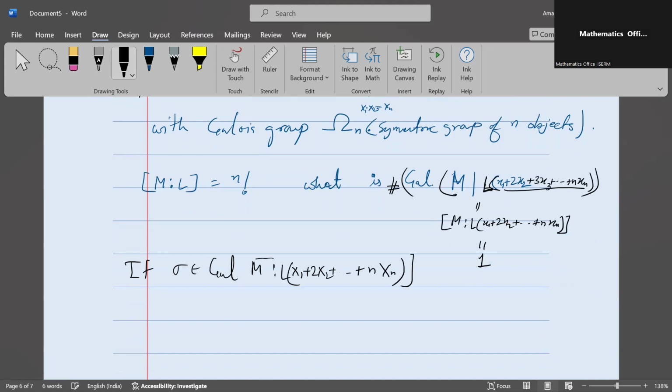this means sigma fixes x1 plus 2x2 plus and so on plus nxn. What happens here?